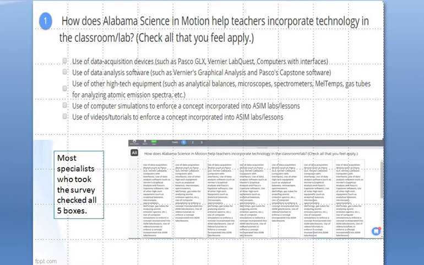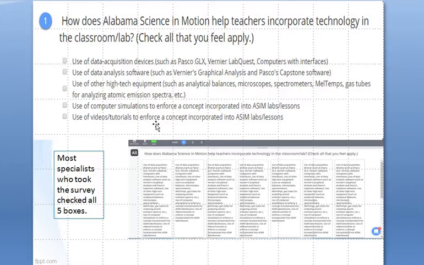So when we start looking at the results, on number 1, asking how Science in Motion helps teachers incorporate technology, I gave them 5 choices. 1 was the use of data acquisition devices, such as Pasco GLX, the Vernier LabQuest, computers and interfaces. 2 was the use of data analysis software, such as Vernier's graphical analysis and Pasco's Capstone software. 3 was the use of other high-tech equipment, such as analytical balances, microscopes, spectrometers, MELTEMPs, gas tubes for analyzing atomic emission spectra. 4 was the use of computer simulations to enforce a concept incorporated into the Science in Motion labs and lessons.